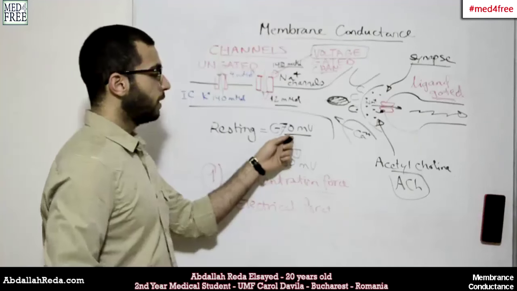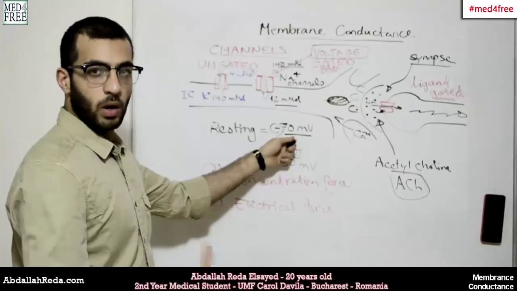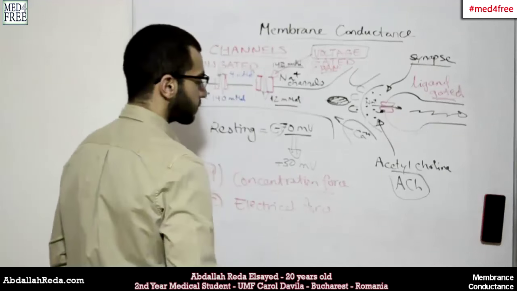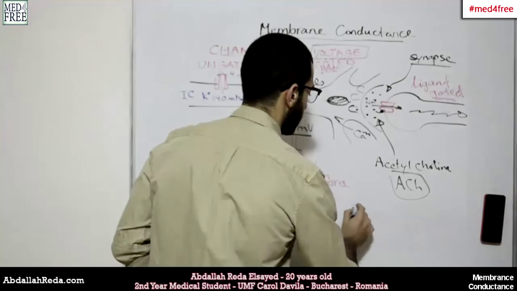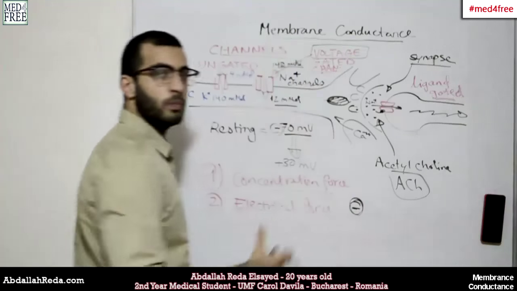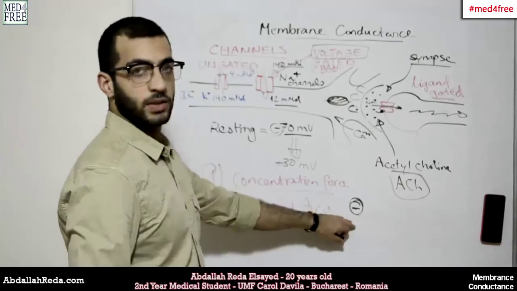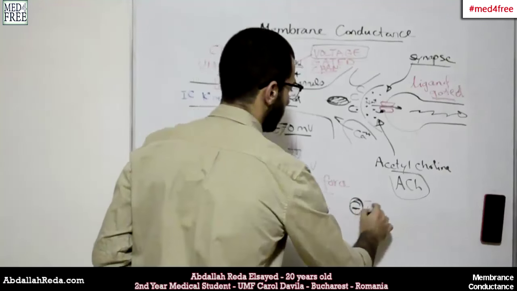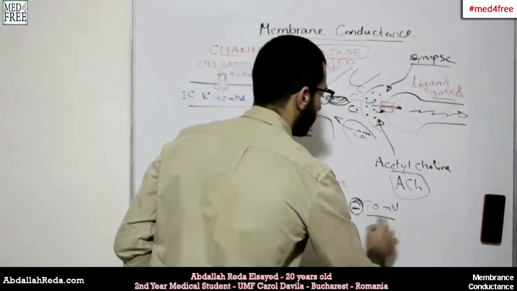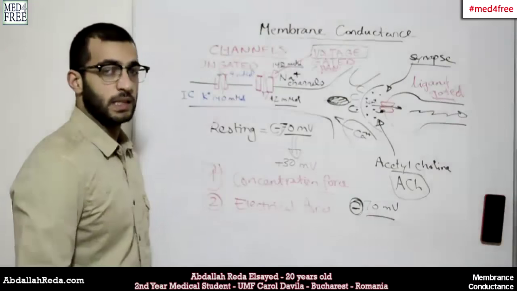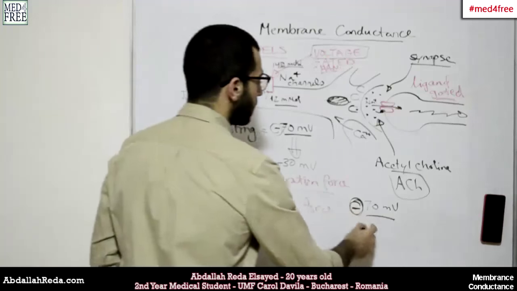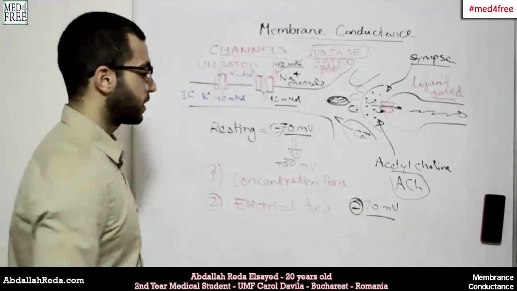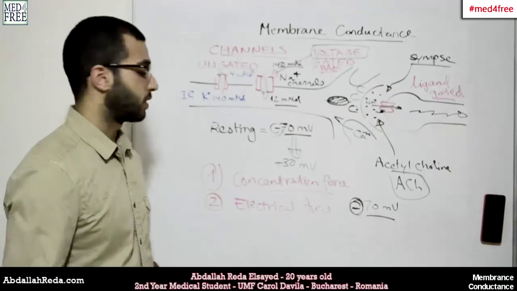So the number estimates the value of the actual voltage, and the sign would let us assume the nature of the electrical force. So let's say if it's negative 70 millivolts, it's a voltage of the power of 70 millivolts with a negative charge, assuming that it will attract all the positive charges and it will repel all the negative charges.